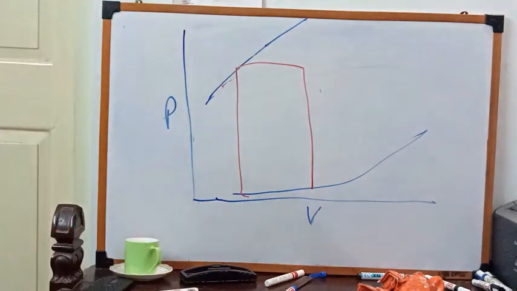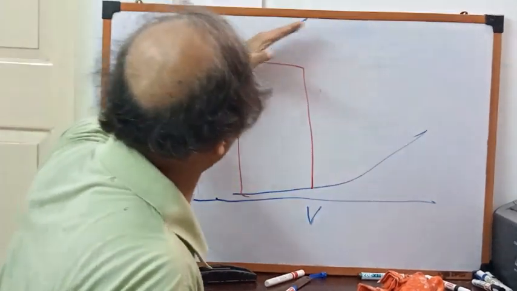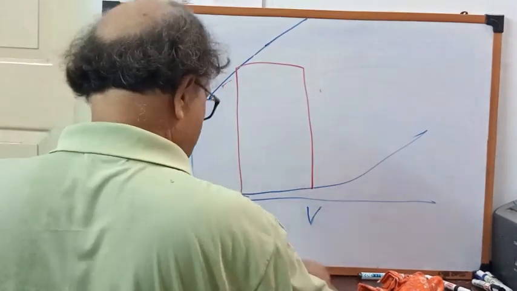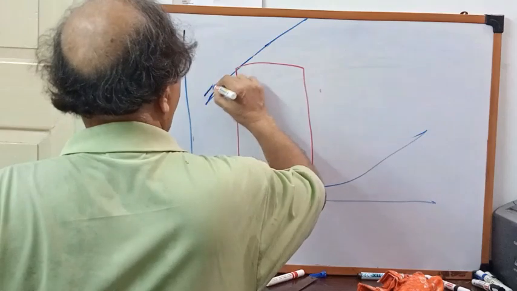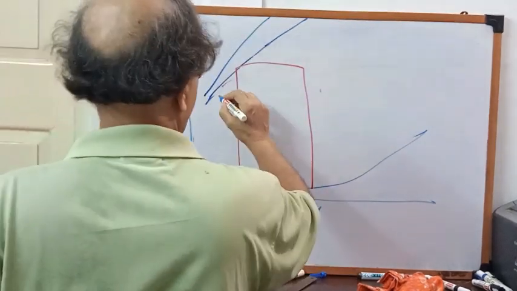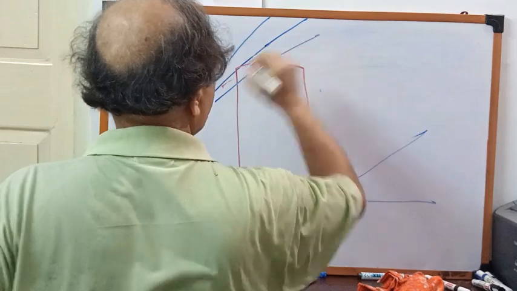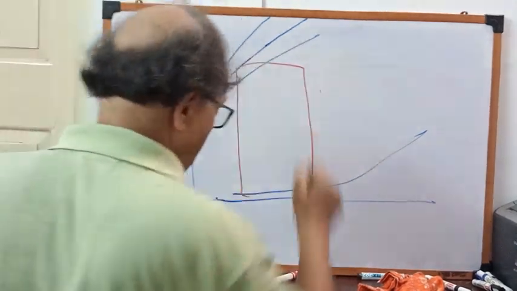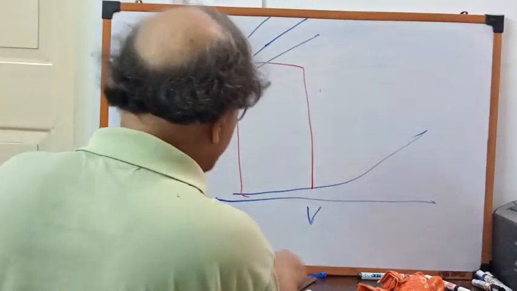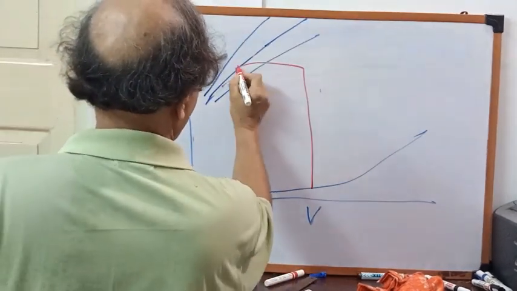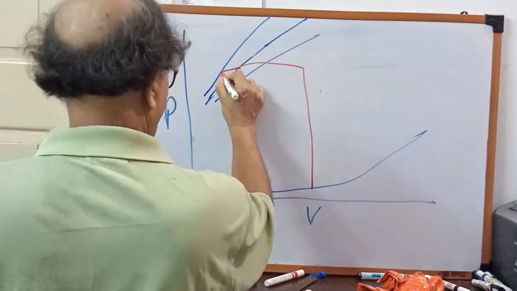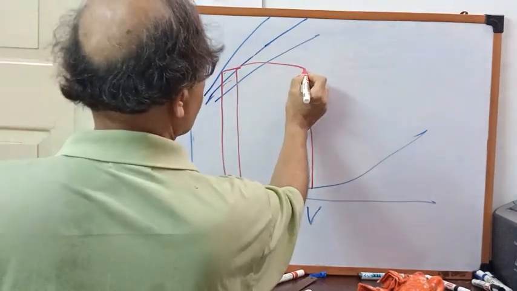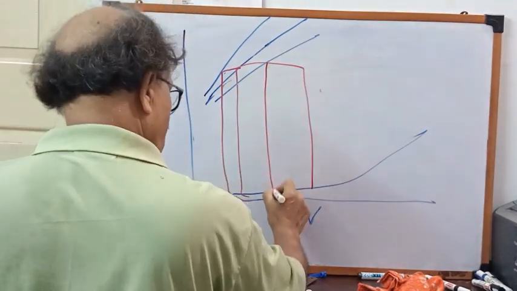Now in case of inotropism, what happens? This pressure line will change. It will be shifted to the left in case of positive inotropism, and to the right and downwards in case of negative inotropism. So in case of positive inotropism, it will go up to this and then go down, so the stroke volume will increase. In case of negative inotropism, it will go up to this and then go down.